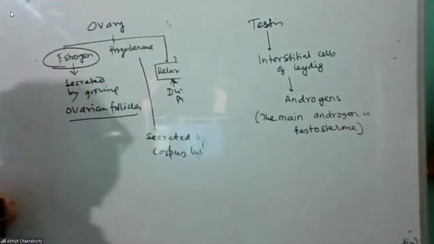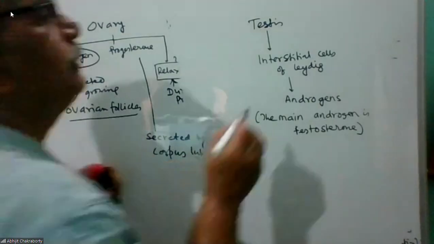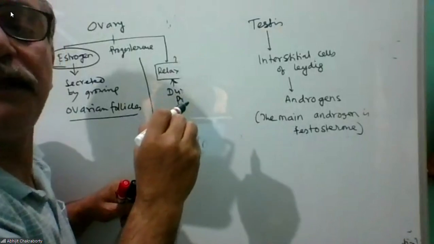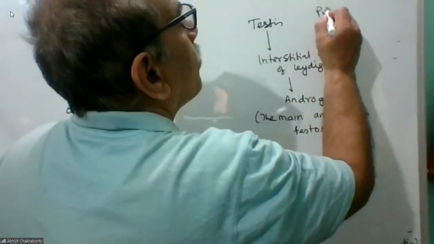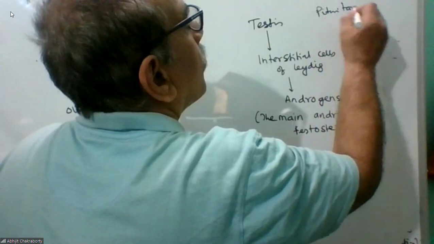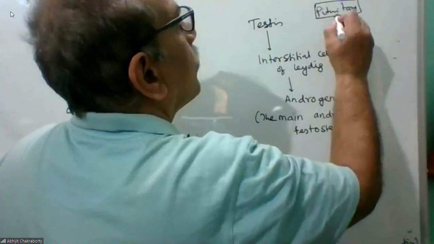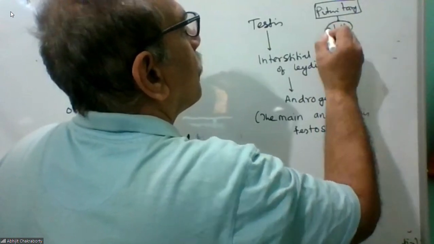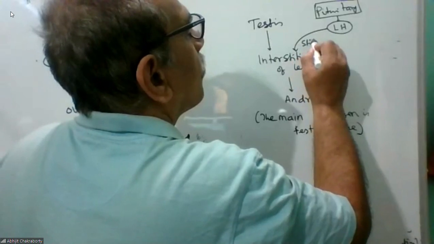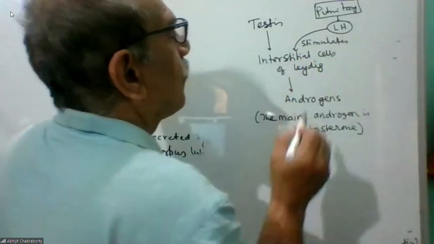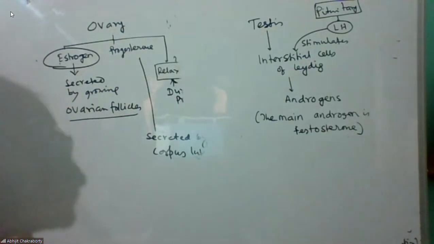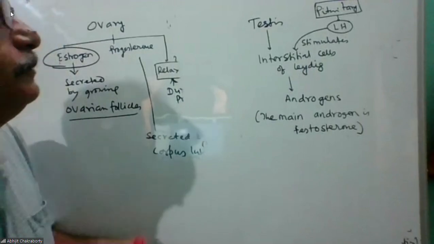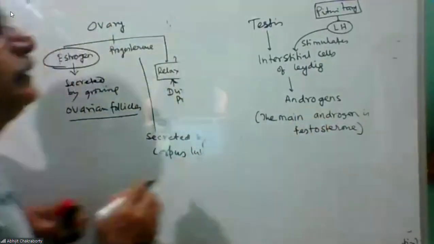The main androgen is testosterone. LH stimulates interstitial cells of Leydig present in the testes to secrete androgen.